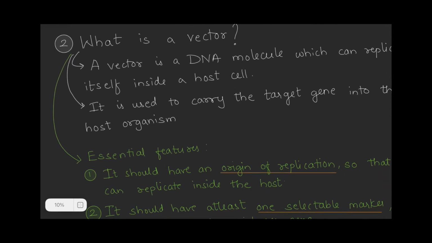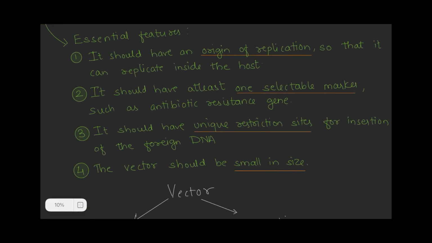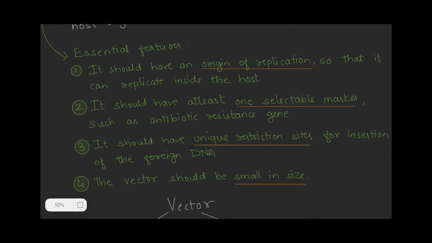Now let us understand the second component, the vector. A vector is a DNA molecule which can replicate itself inside a host cell. It is used to carry the target gene into the host organism. Think of it as the carrier. For a DNA molecule to act as a vector, it must fulfill certain essential features.